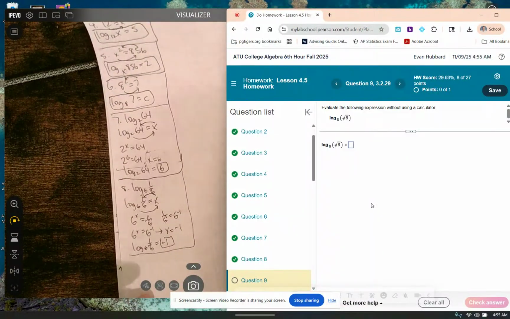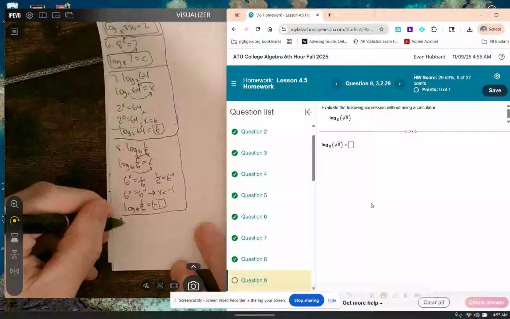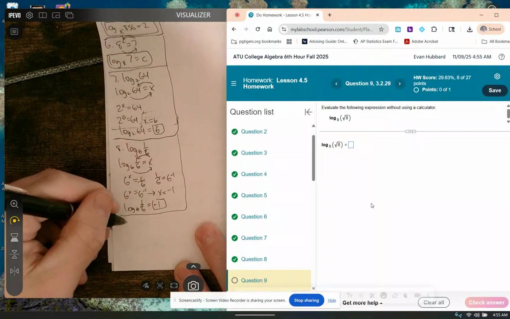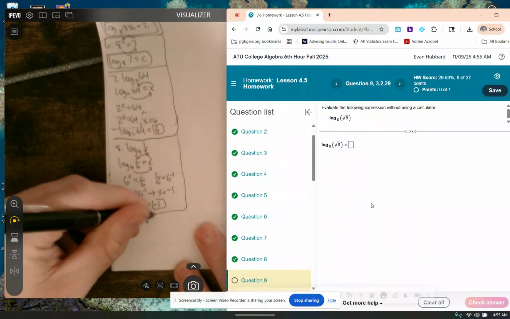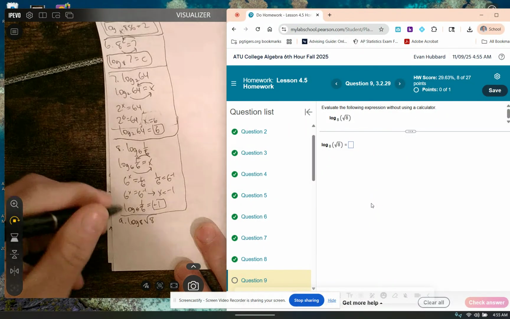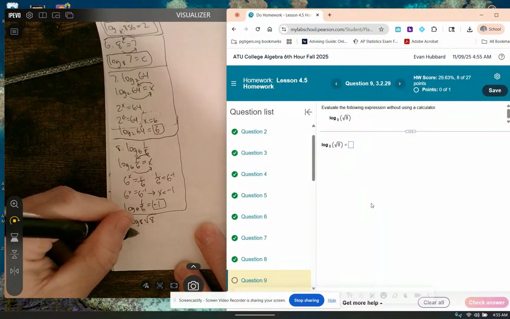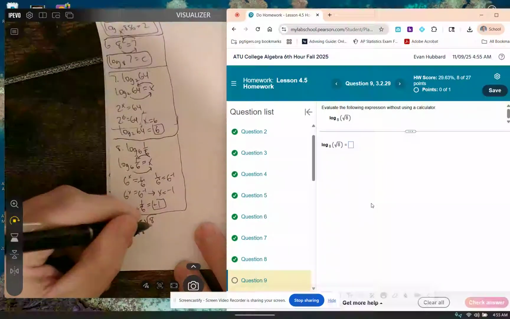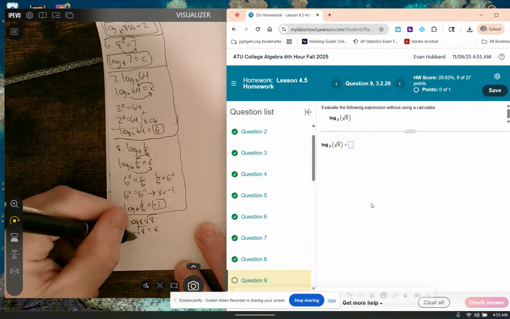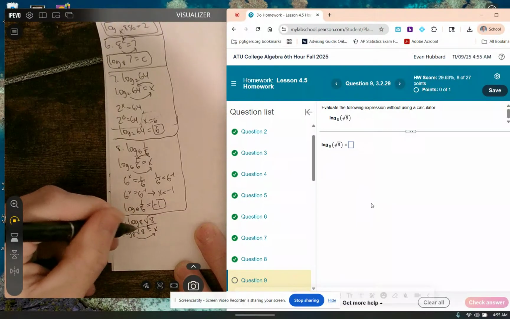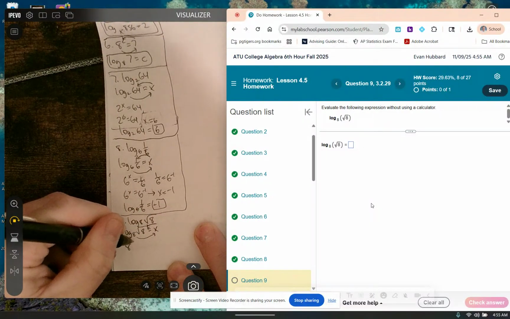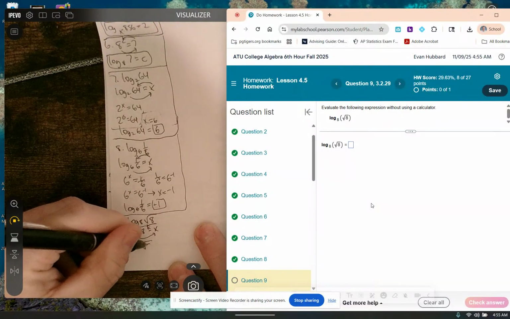All right, now this one's kind of similar. We have log base 8 of the square root of 8. Okay, so log base 8 of the square root of 8 equals x. So 8 to the power of x equals the square root of 8.